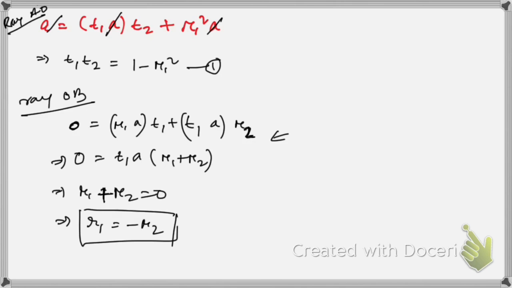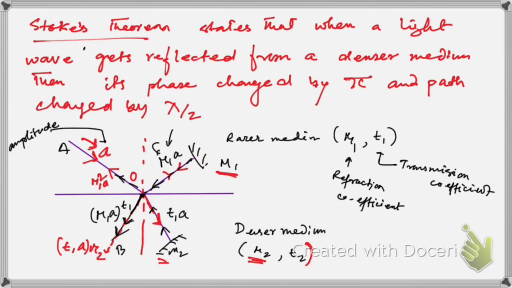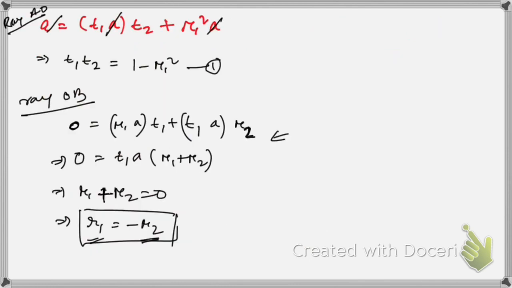From this relation, the reflection coefficients 1 and 2 in these two media are equal in magnitude, but this minus sign indicates that it is changed by 180.